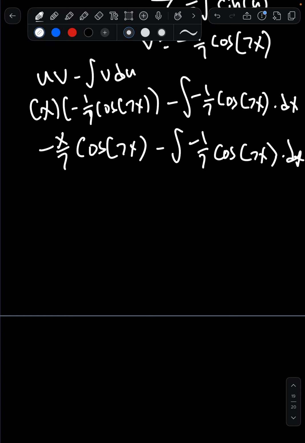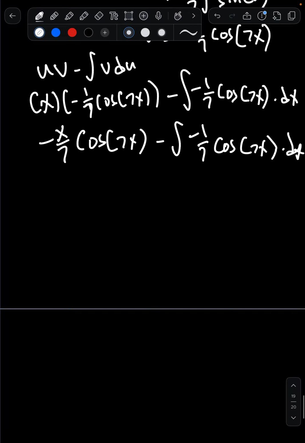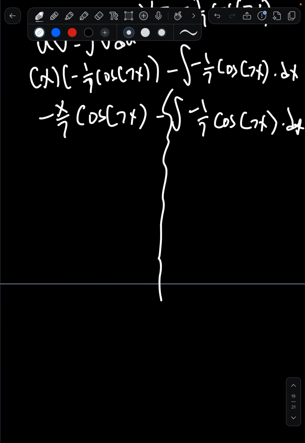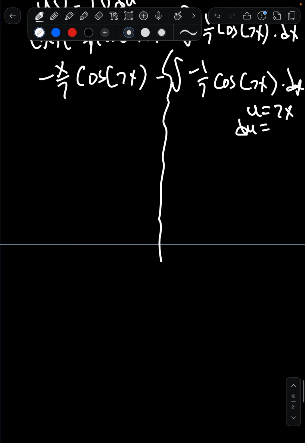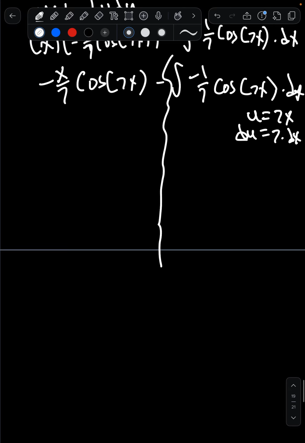So now let's not worry about the left side of the equation. Let's worry about what's in the integral on the right. Let's integrate this function. If we let u equal 7x, we find that the derivative of u is 7 times dx. Now notice in the integral we have negative 1 over 7.